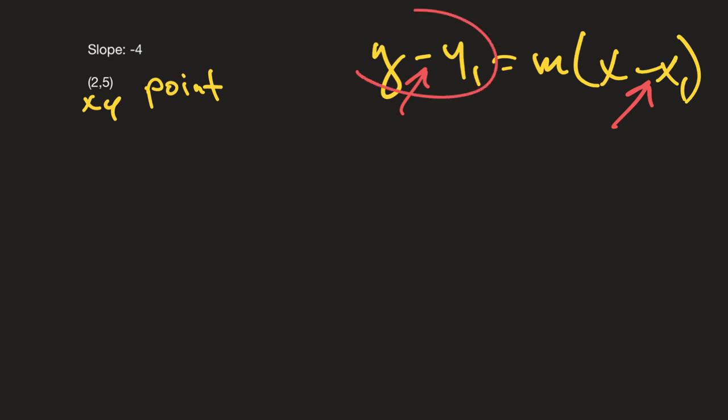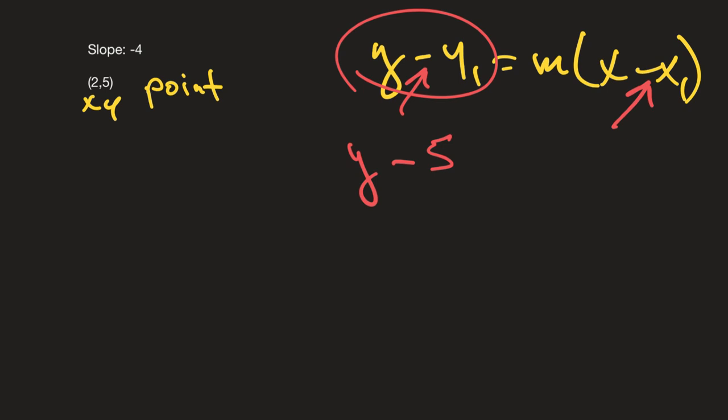Also note that your y stuff comes first. So when we write this, we're going to go y minus, what's the y value of the point? 5. Please try to remember that you're going to plug in the y value first.